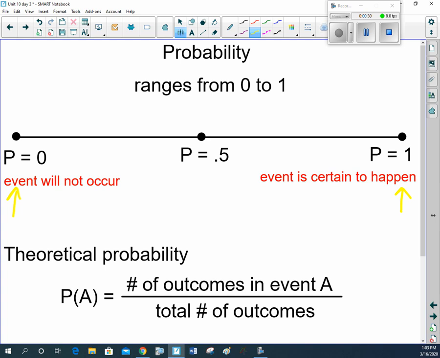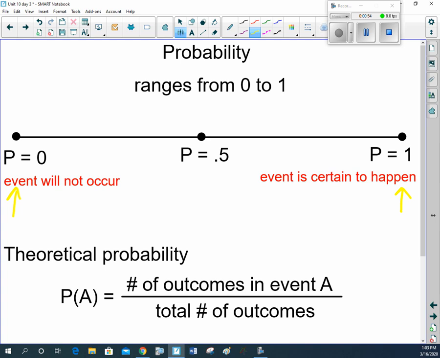So for example, an event that will not occur: I have a die, and all 6 sides have the number 4 on it, and I ask you, what's the probability that you will roll a 3? Well, that's definitely 0. There's no 3s on the die. You can't get a 3. Likewise, my die has only the number 4 on it. What's the probability that I'll roll a 4?